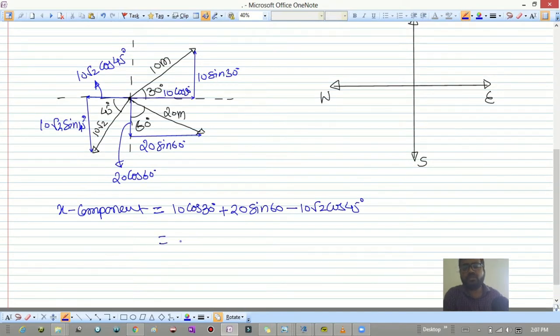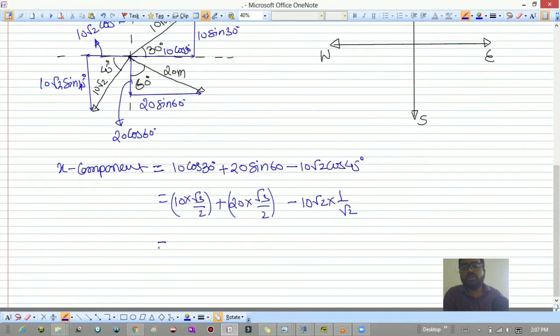So which is equal to 10 root 3 by 2, cos 30 is root 3 by 2, plus 20 root 3 by 2 minus 10 root 2 into 1 by root 2.